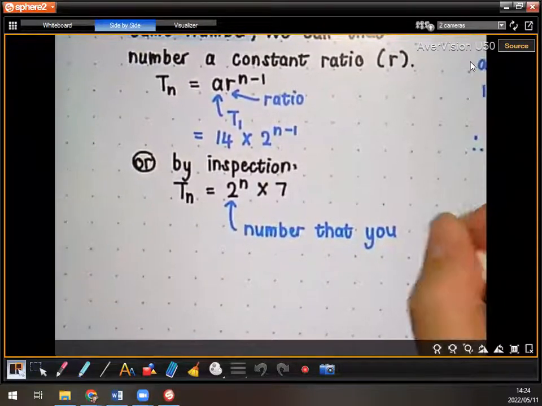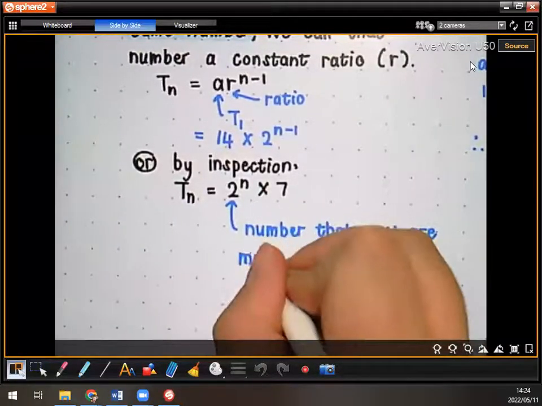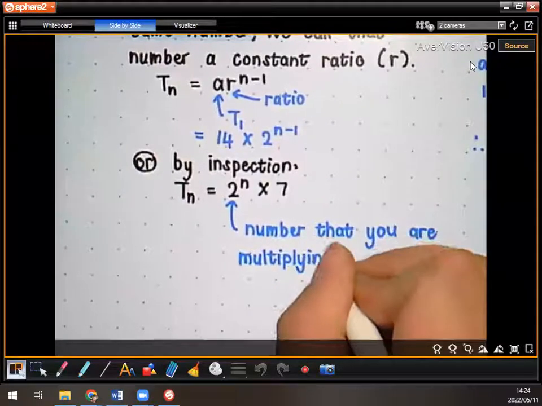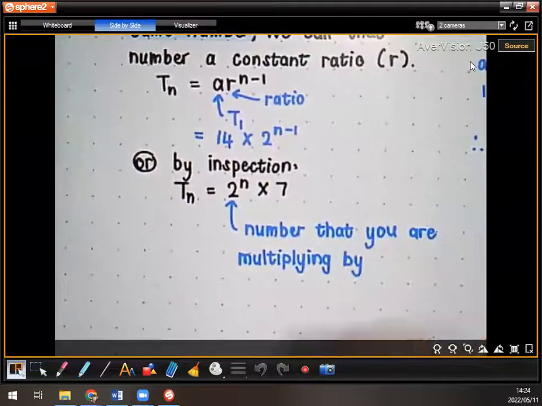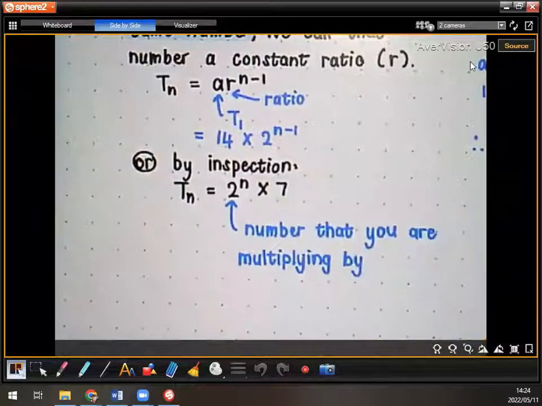All right, so the number that you are multiplying by. And then you need to figure out, if you have that 2 to the power of n, what must you still multiply by to get the actual term? Okay, so this times 7 is like the by inspection.